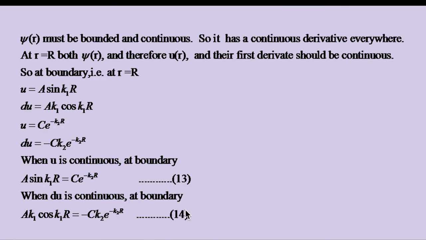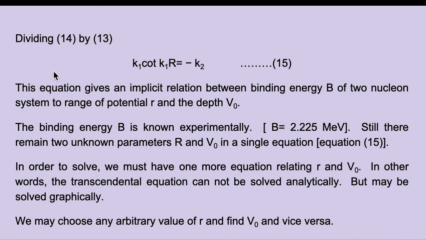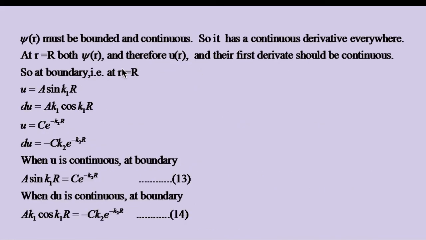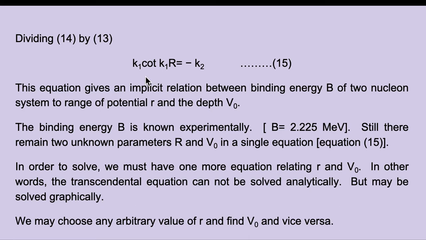If you divide 14 by 13, you will get k1 cot k1 R is equal to minus k2. Dividing cos by sin, you take it as cot. Only k1 remains here, A cancels, C cancels, there is a minus sign and k2 here. So our equation is k1 cot k1 R is equal to minus k2.